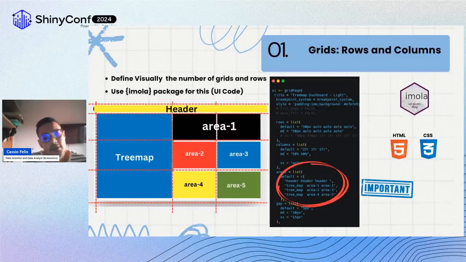Once we define visually the columns and rows of our user interface, we have some boxes that we can see on the screen. And everything that we are going to work on in the future when we are creating this user interface will be inside these boxes that we create here. So here we can see that I can draw in this default argument that belongs to the areas argument of this function, and we can localize all the boxes that will be part of this dashboard.